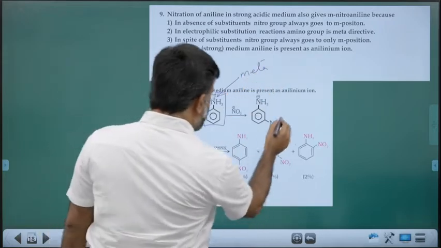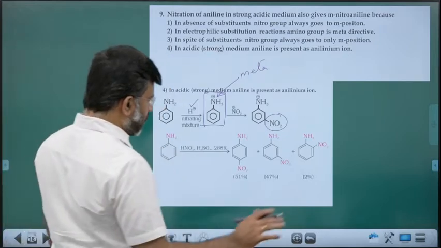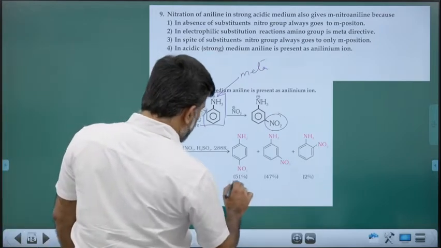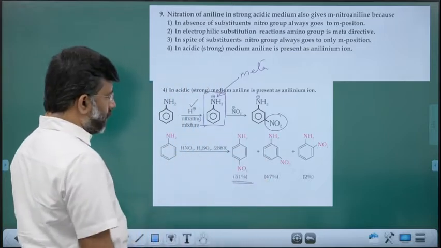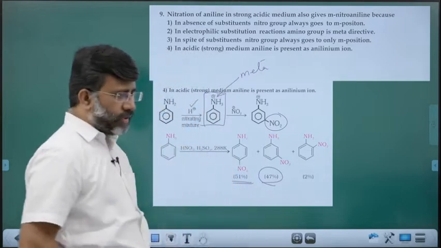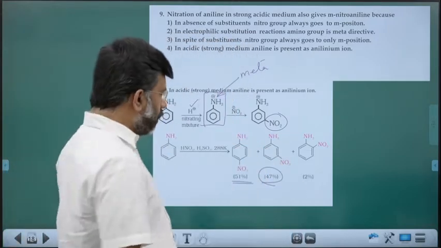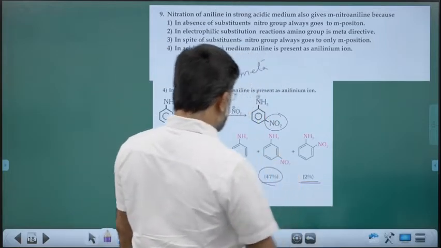Is it all meta product? No. It's referred in the textbook, all of you know. 51% you get a para product and 47% a significant quantity of meta product is obtained, while ortho product is only 2%.